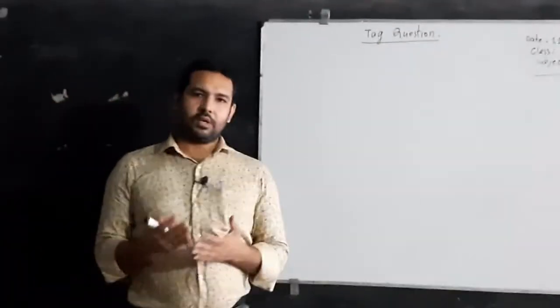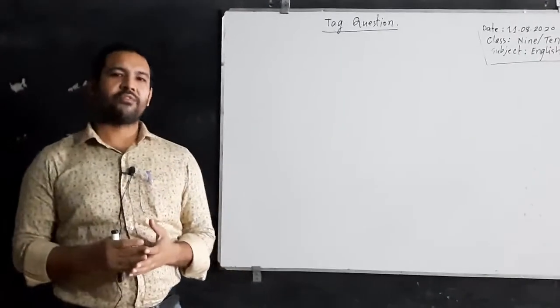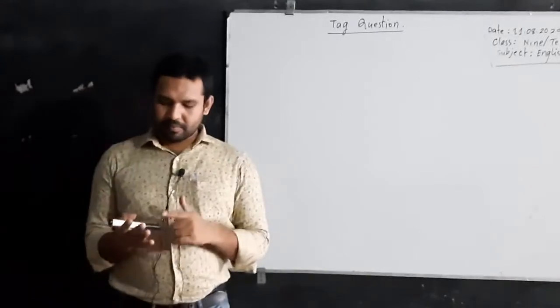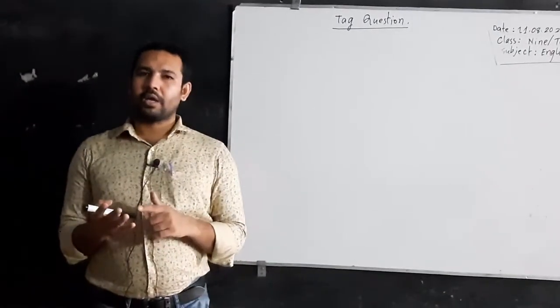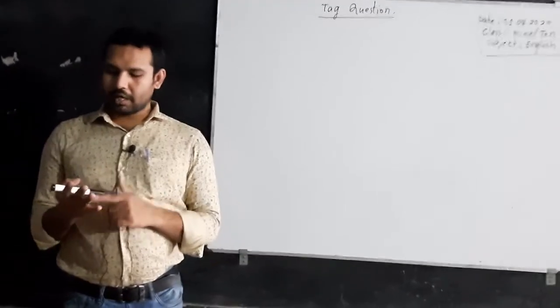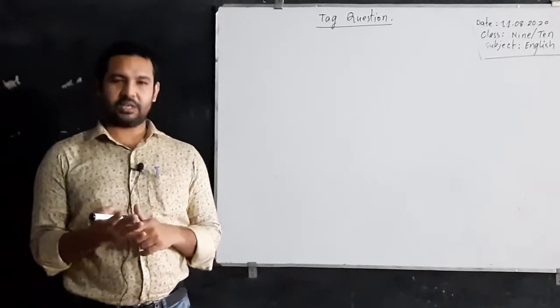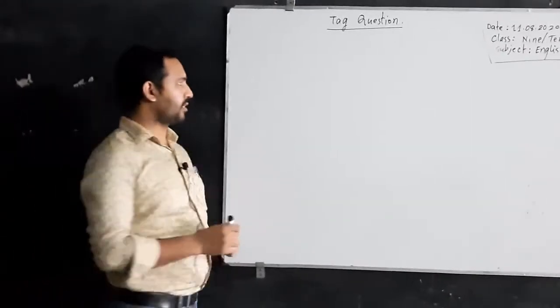According to meaning, sentences are of 5 kinds: assertive, imperative, interrogative, optative, and exclamatory. There are 5 kinds of sentences.